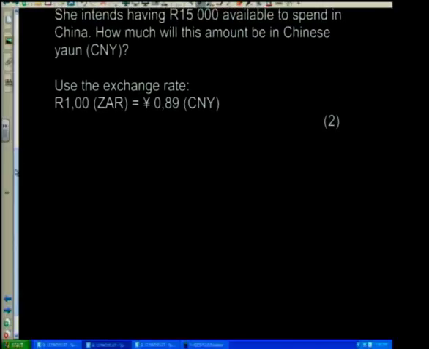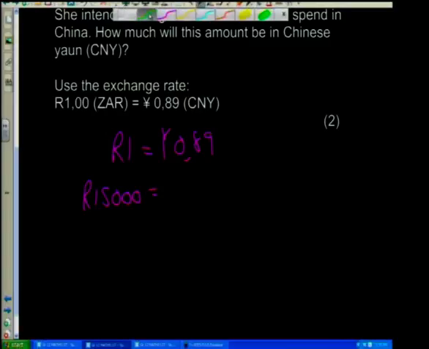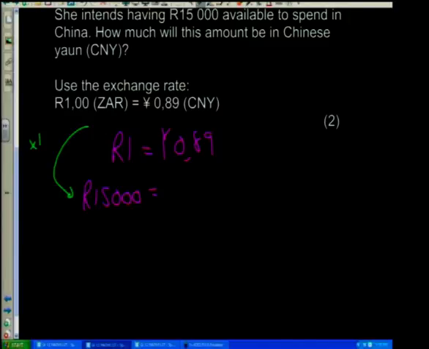We know that 1 Rand is equal to 0.89 yuan. We want 15,000 Rand. How did I change 1 to 15,000? I multiplied it by 15,000, and what I do on one side, I do to the other, times 15,000 Rand.